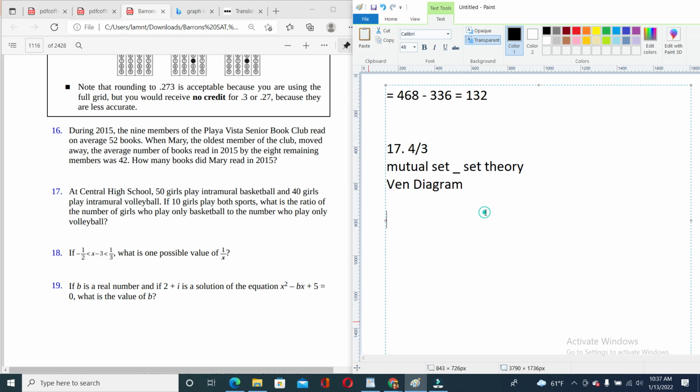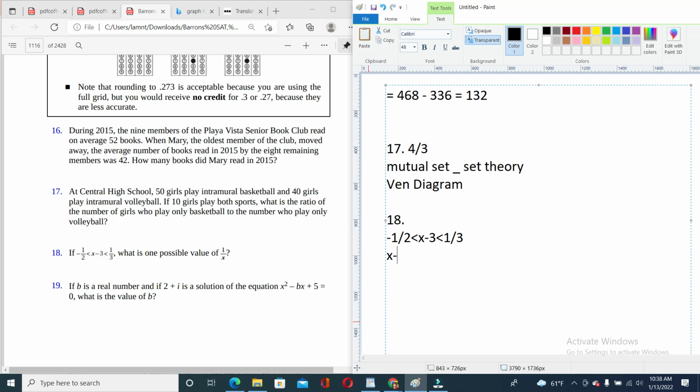So yeah, number 18. Okay, so negative one half is smaller than x minus 3, smaller than one third. They ask for a possible value of 1 over x. Okay, so we can know that x minus 3 is sitting between a negative number and a positive number, right?